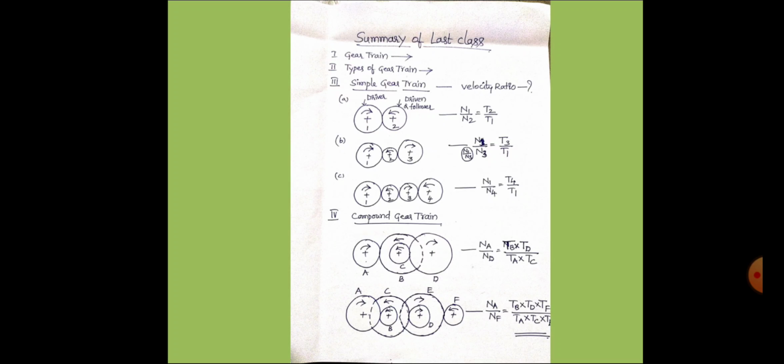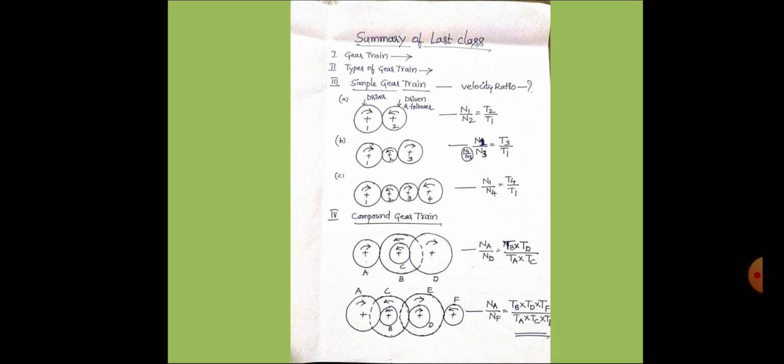In between, there are A and F. A is a driver, first driver, and F is a last driven. So now, can you please tell, students, in this figure, how many drivers are there? Totally 3 drivers. What are they?